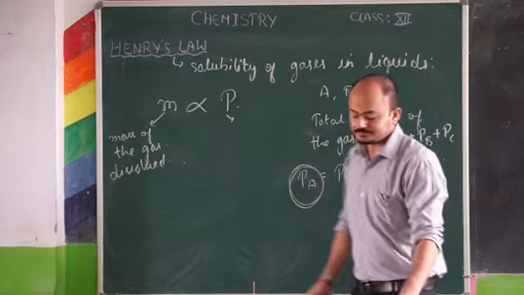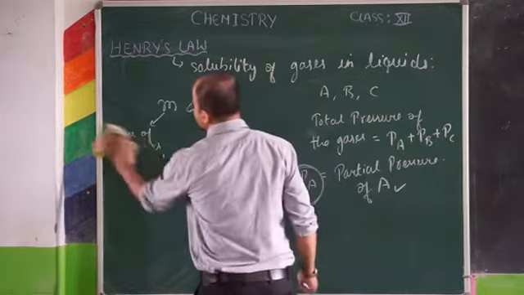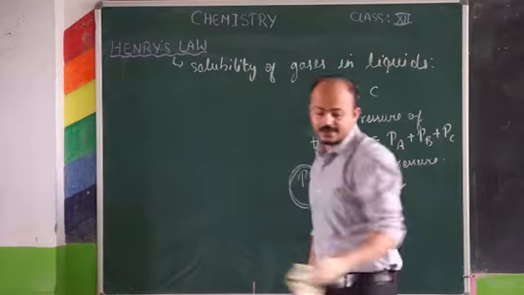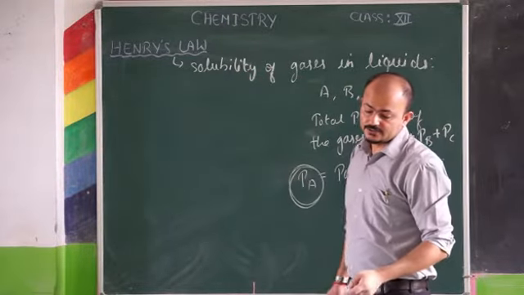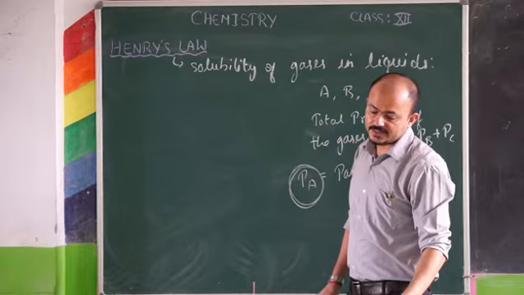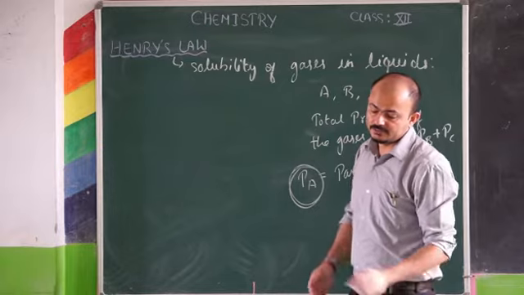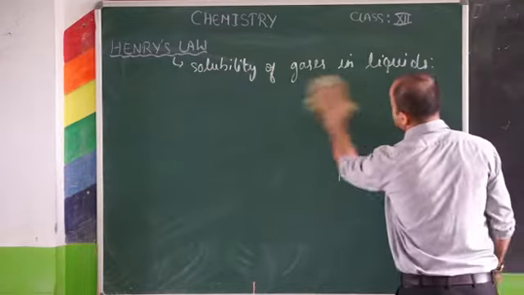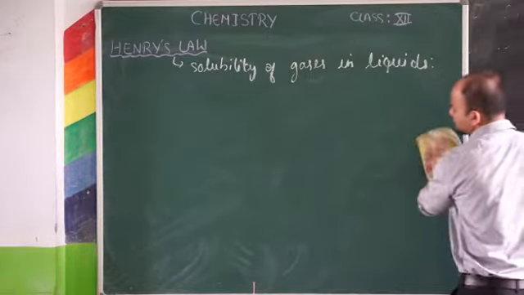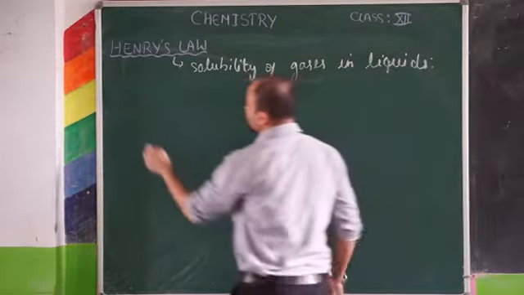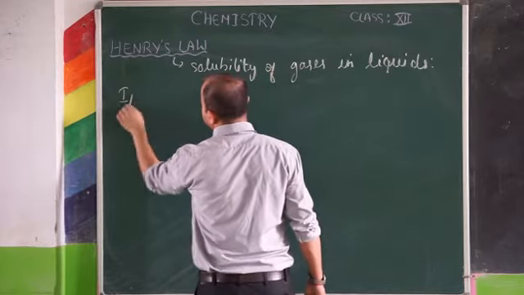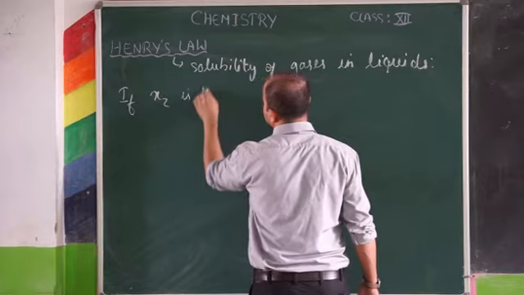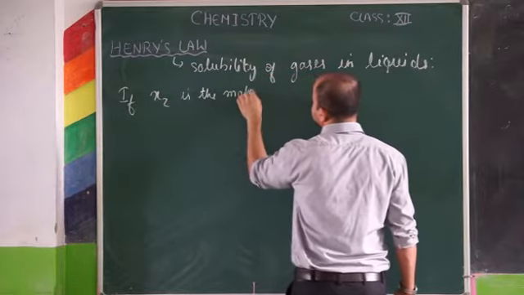Now, to make it more clear, let's take the mole fraction. Suppose X2 is the mole fraction of the gas in the solvent and P2 is its partial vapor pressure. So now we are discussing mole fraction; we are trying to relate it to the partial pressure. In our previous video we discussed mole fraction.